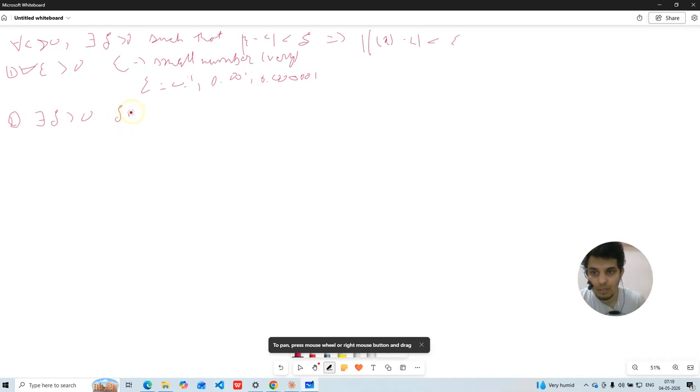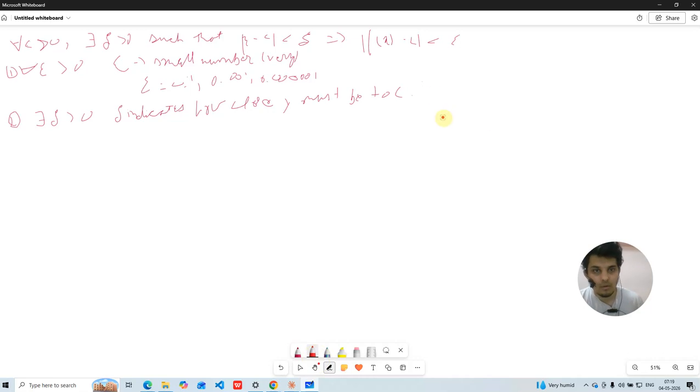Delta indicates how close x must be to c. And we choose delta. Let me write it in red. We choose delta.